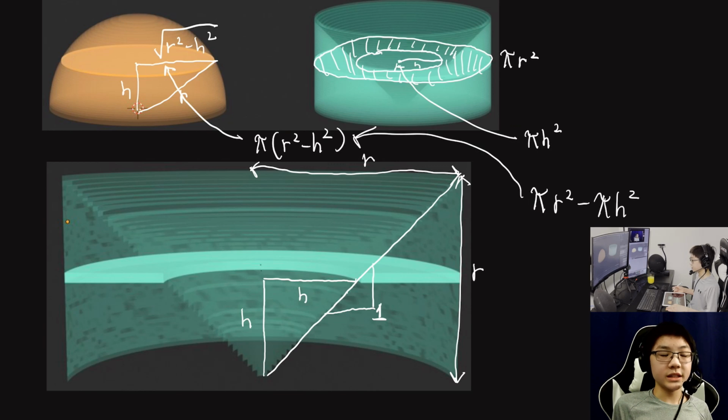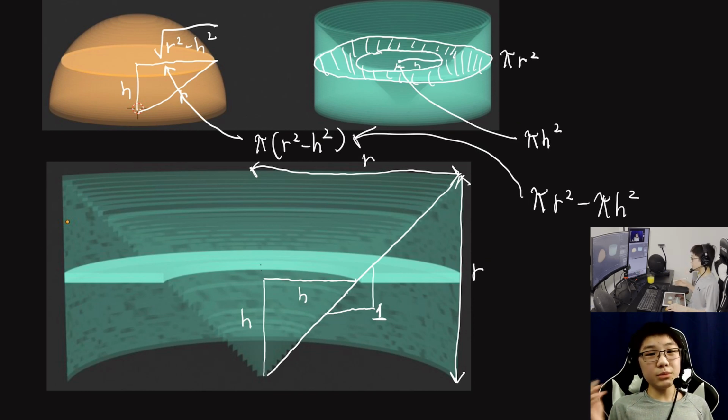And therefore, since they are at the same height and have the same area, we can conclude that the area at every single slice is going to be equal. And because of Cavalieri's principle, we can conclude that the volume of our hemisphere and the volume in between our cylinder and cone are equal.